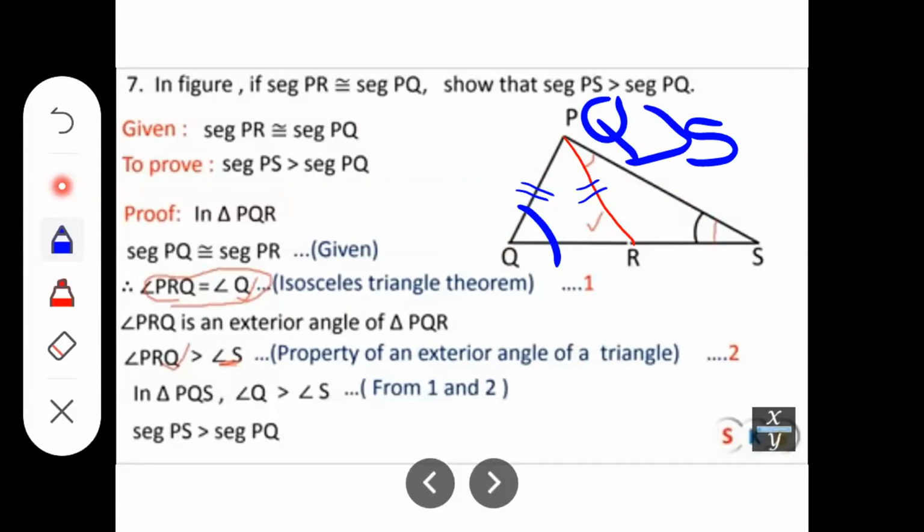So if angle Q is greater than S, that will be the step, then we can show that segment PS is greater than segment PQ. Then how to write this? Angle Q will be greater than angle S. So see here in the solution, just write the given and what we have to prove. Now see here.